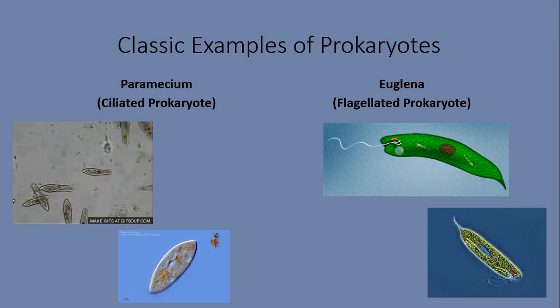You can't really see the cilia in the image, but the movement of the cell is being caused by the cilia that's present all around the paramecium. So both cilia and flagella are used for movement of prokaryotic cells.